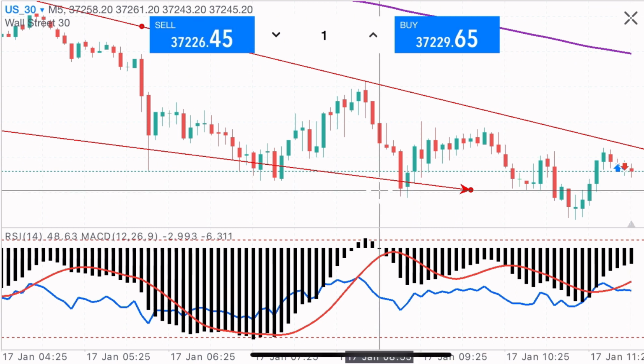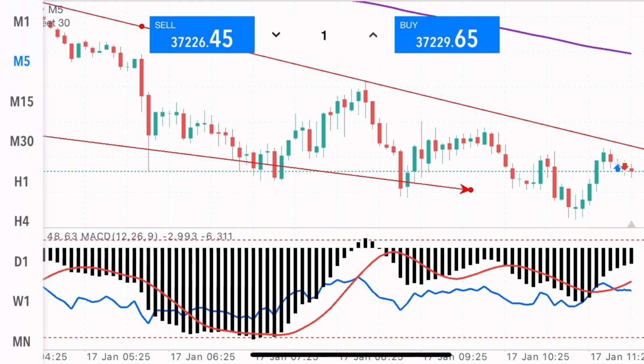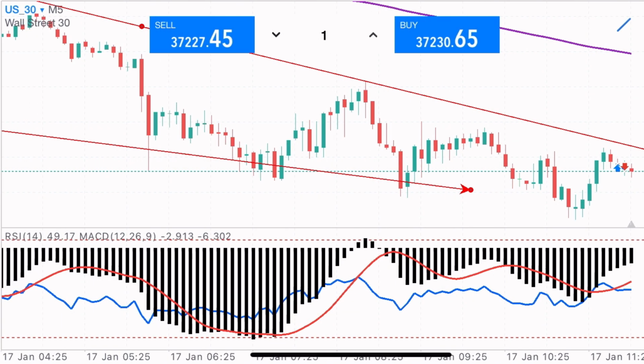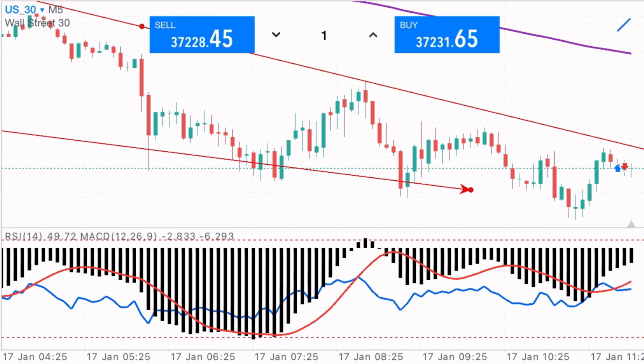So what you do is go to your trend line. When you draw your trend line, you take the red line from the top to the nearest one right here, and you draw it downwards.